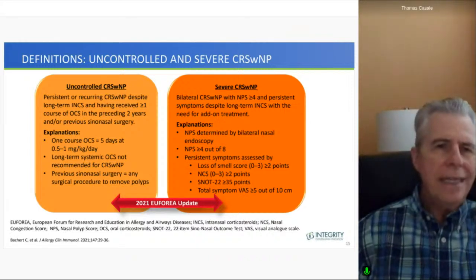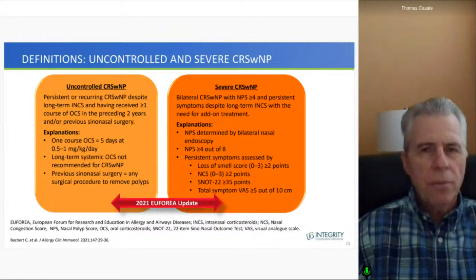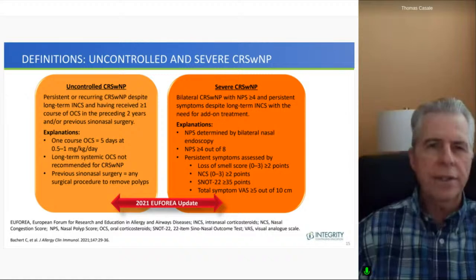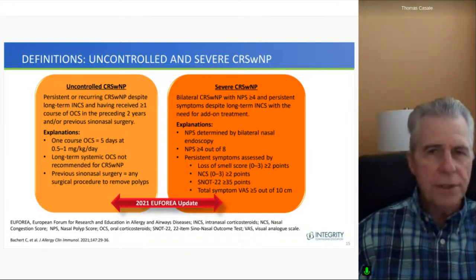definitions of each of those, but what about the patients with even more severe chronic rhinosinusitis. These are patients that have a nasal polyp score of at least 4, and that's 4 on a scale of 8, persistent symptoms despite long-term intranasal corticosteroids with the need for add-on treatment.